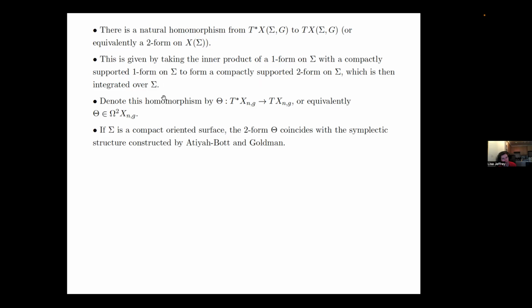And then that is integrated over the surface. This construction, in the case of a compact oriented surface with no boundary components, gives rise to the two form that gave the symplectic structure that was constructed by Atiyah and Bott, and also by Goldman. So we'll denote this by theta. This is really a two form over the surface.